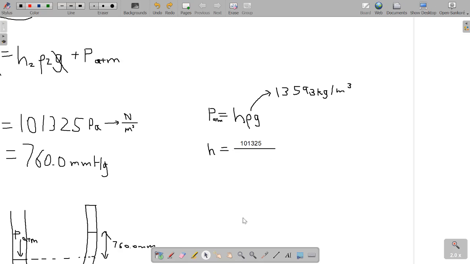So this is 101325 divided by 13593 times 9.81, to be more exact. Then you can use your calculator.